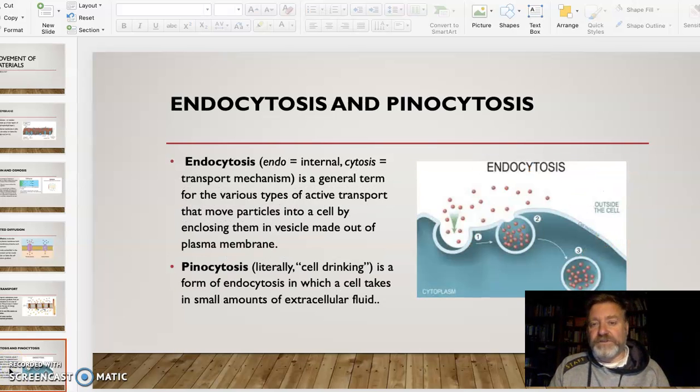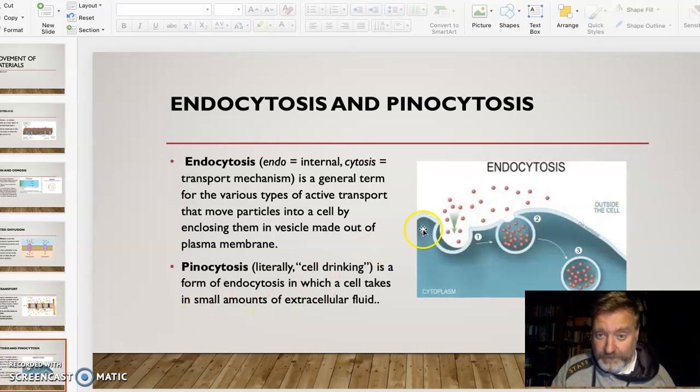And then, of course, there's also some interesting little adaptations of movement, often called bulk transport. It's not active transport in the sense of bringing things through with carrier proteins or through the channels. It's actually manipulating the membrane itself. So in this case, endocytosis is bringing things into the cell. And we have endocytosis and pinocytosis, and pinocytosis is a form of endocytosis, but it's related to liquids.